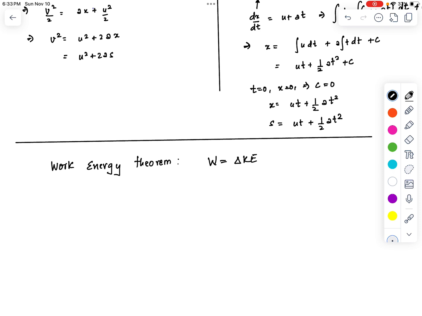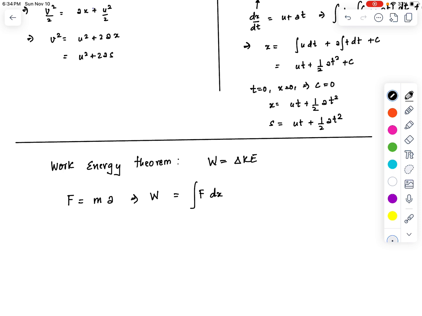Okay, so if you look at the work done by an external force, the force here equals mass times acceleration, right? So now the work done due to this force equals F times dx, where F is the instantaneous value of the force. To find the total work done, we need to integrate, right?